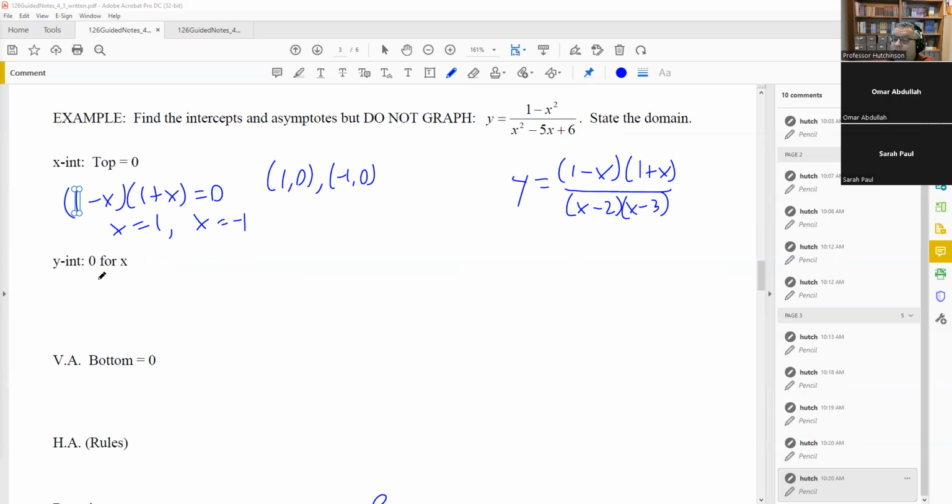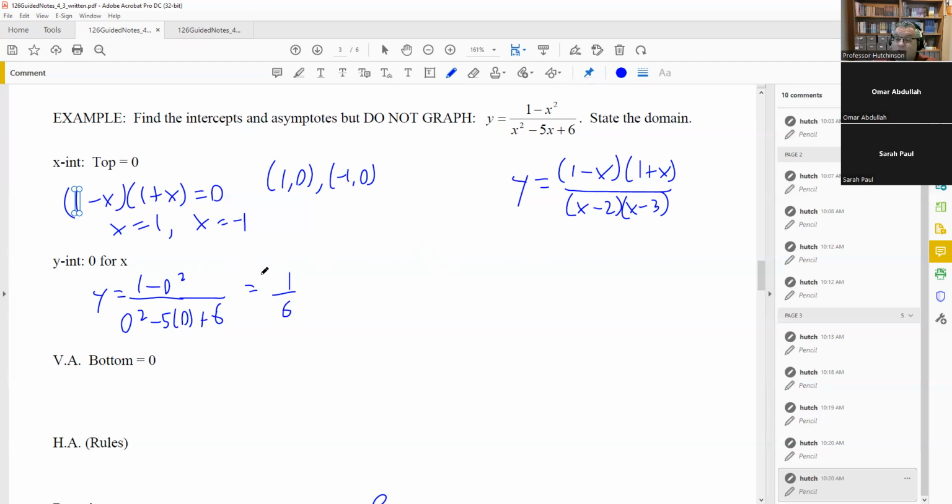Y-intercept, you put a 0 in for the x. So do 1 minus 0 squared over 0 squared minus 5 times 0 plus 6. You can either use the original function, or if you'd like, the factored version. But in this case, it's fewer x's to plug into if you use the original one. So I'm doing that, and you'll get 1/6 as a result.